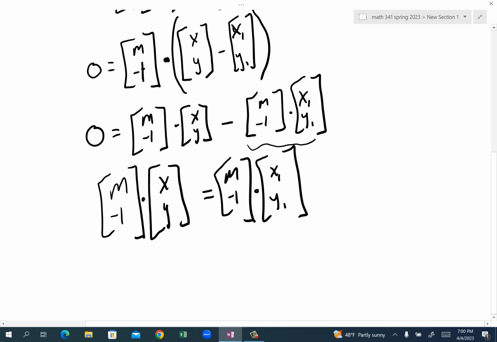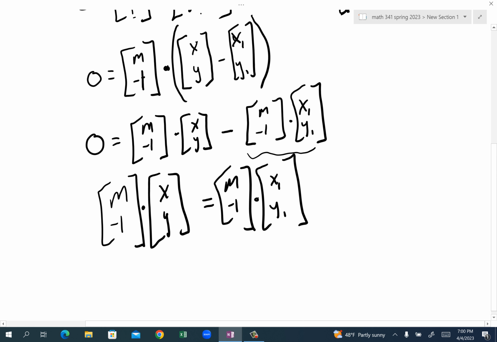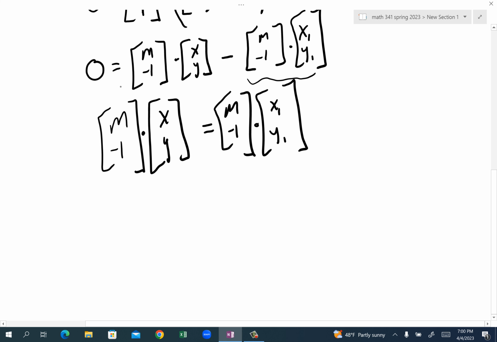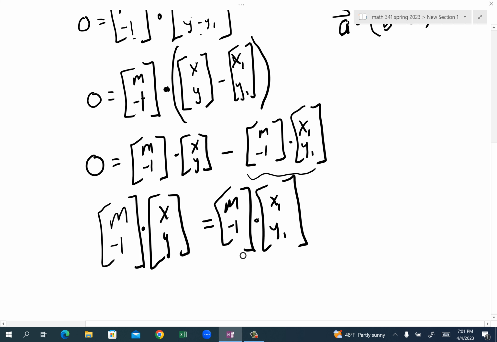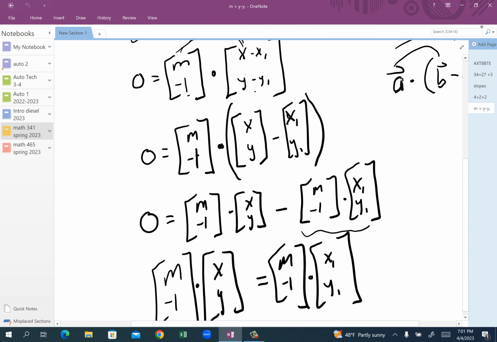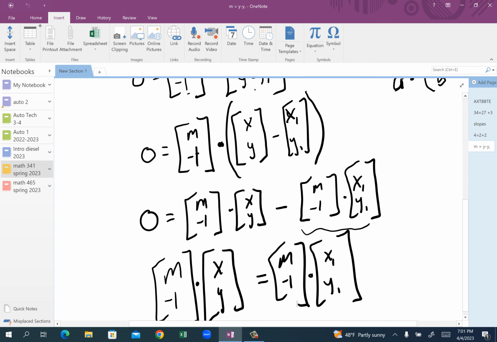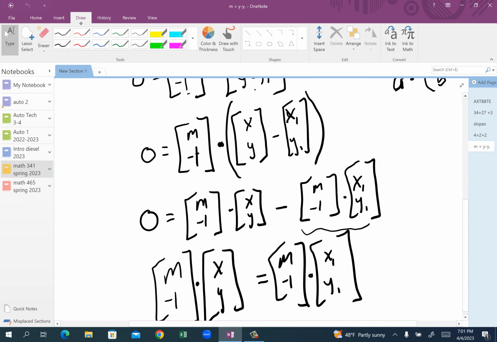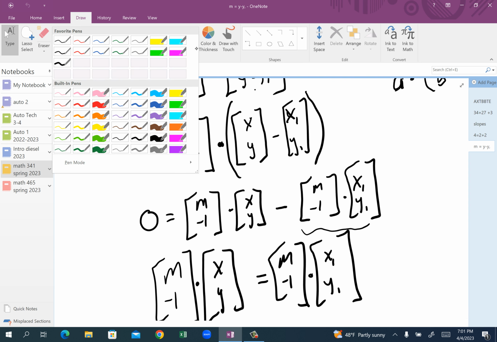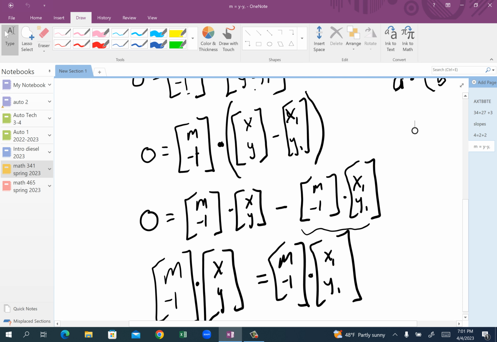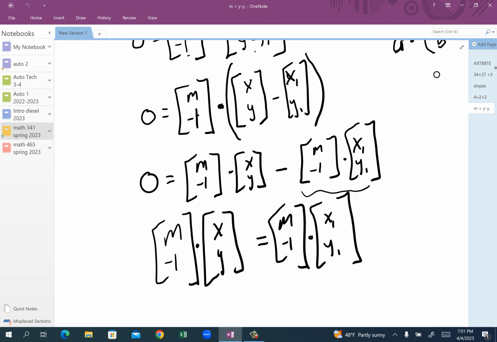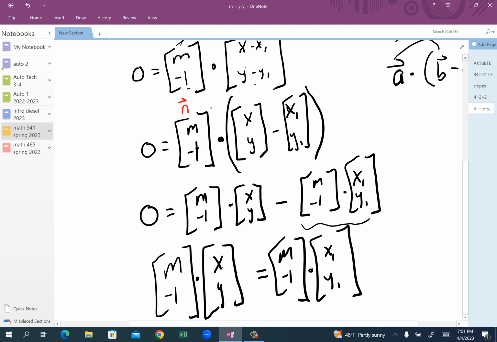Okay, this first guy, where do I want to write it? I think I'm going to write it right here. I'm going to change colors. This first vector here, this guy right here is vector n dot.